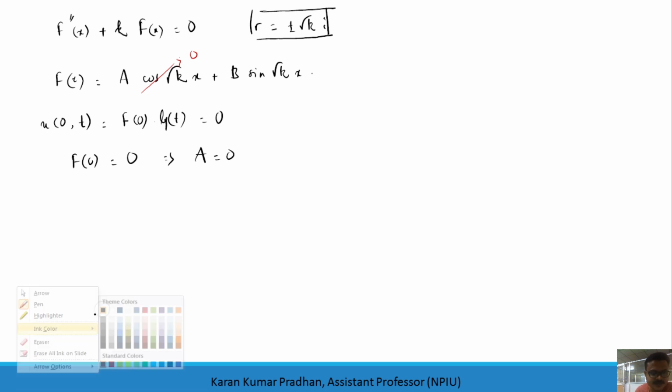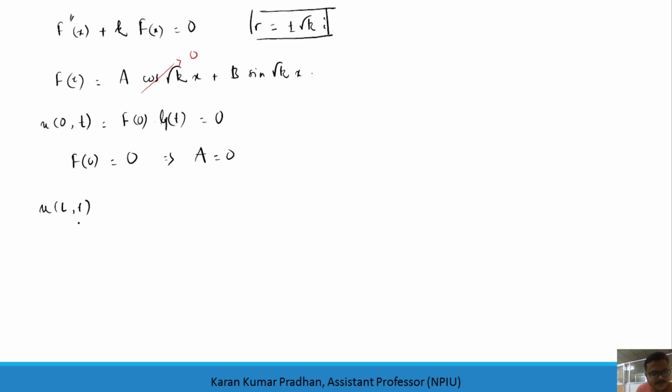So we are left with only this one, and we go to the second boundary condition, which is u at L, t, that means f at L and g of t. This equals 0, and we can assume f at L equals 0, which implies b times sine of square root of k L equals 0, because b cannot be 0.